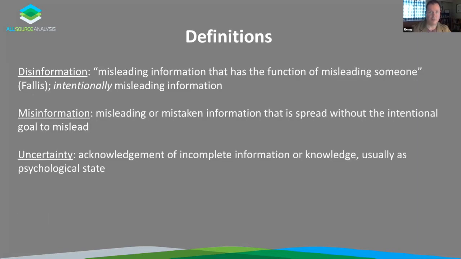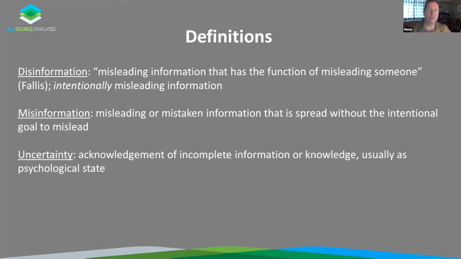First, before we get started, it's important to have clear definitions of terms like disinformation and misinformation. Disinformation is misleading information that has the function of misleading someone. That is, it is intentionally misleading information.